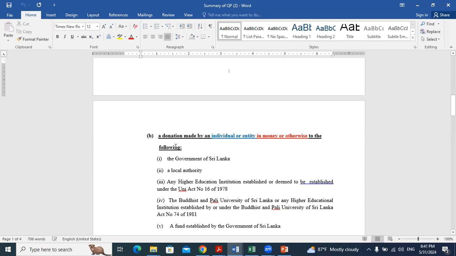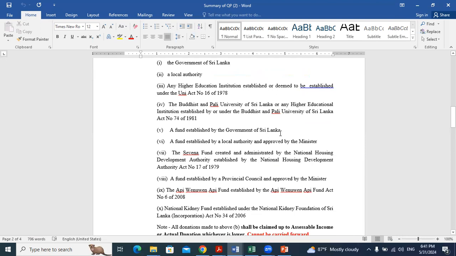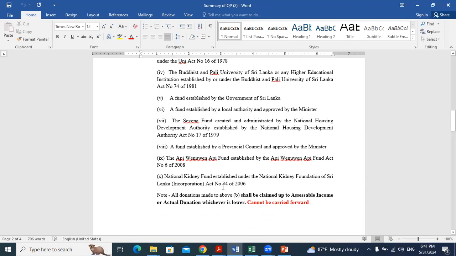Next, there is one other donation. The first was a donation in money to an approved charity. The other one is a donation made by an individual or entity in money or otherwise, which could be money or something other than money. The following, the government of Sri Lanka and local authorities, there is a list: any higher education institution, the Buddhist and Pali University, a fund established by the government, a fund established by a local authority, the Seven Fund, a fund established by a Provincial Council, Upper Union Fund, National Kidney Fund.